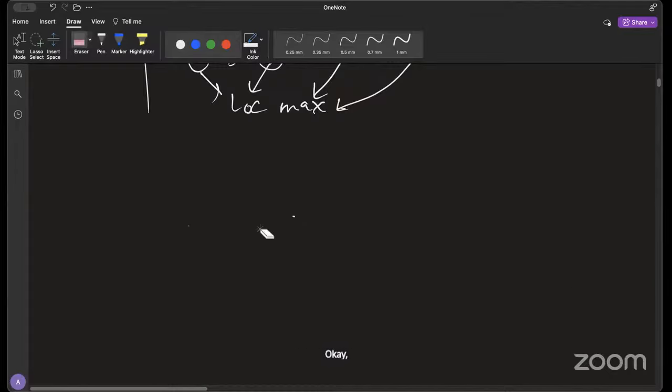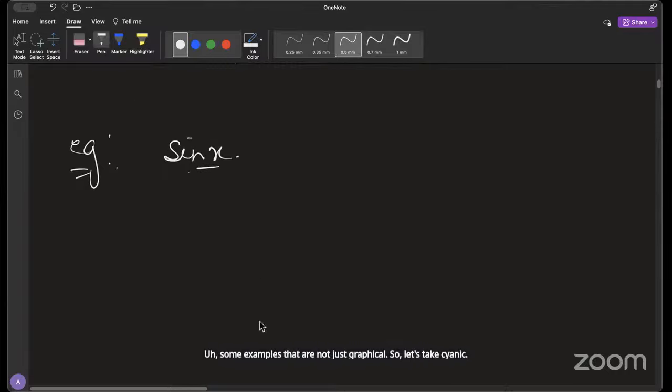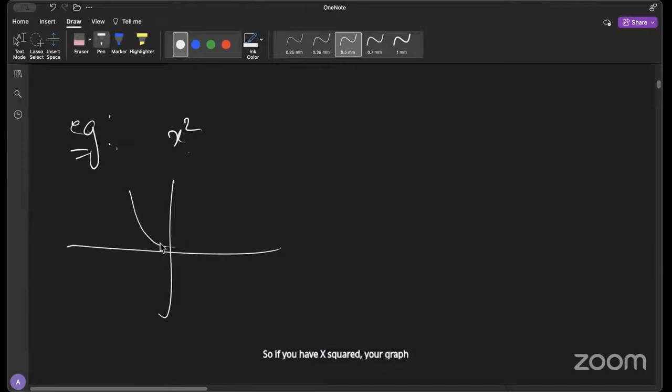Okay, then let's move to some examples that are not just graphical. Let's take sin x, a very popular example. Or let's take x squared first. If you have x squared, the graph looks like this, right? Graphically looking at it, you can tell what the local maxima is.